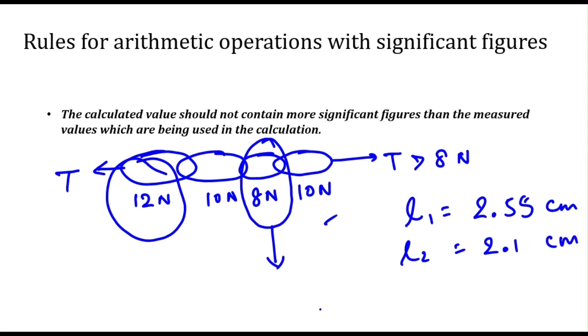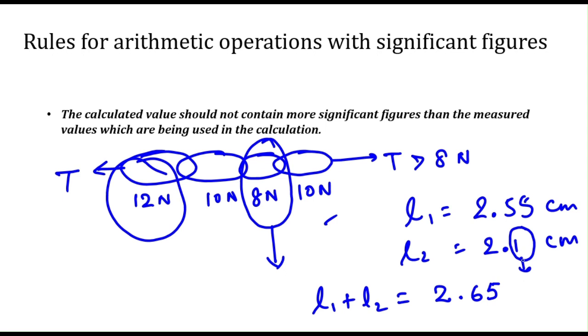centimeter, and now we are going to add these two lengths and we want to know what is the final length. So we can add it as 2.65, but here we have to be careful about this thing, because in the second value, this is the uncertain digit.